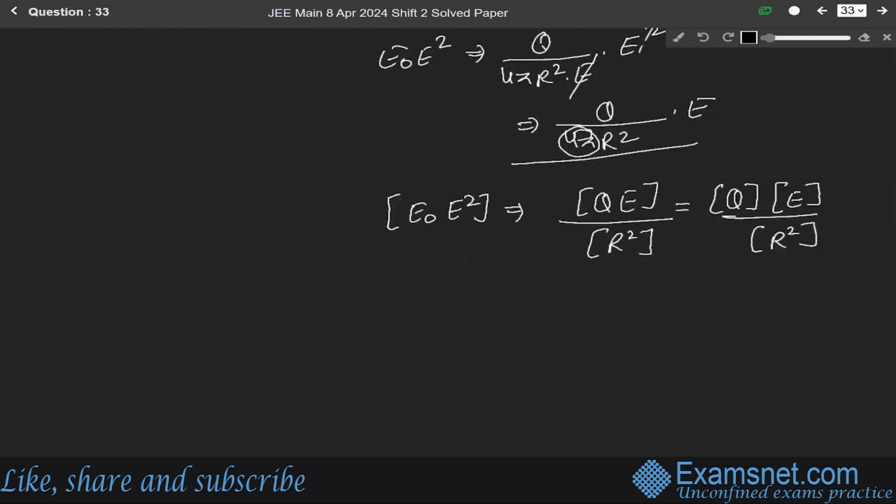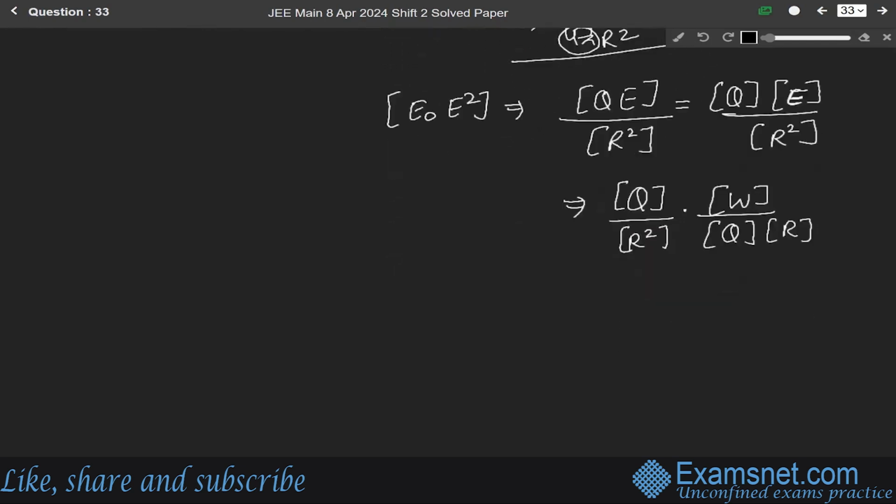In place of electric field, we can write W over Q into R. So this Q will cancel out this Q and this will become W over R cube.